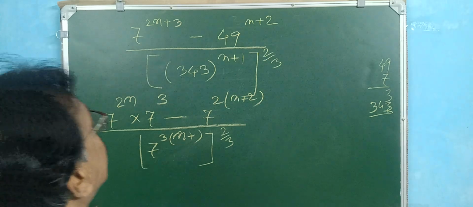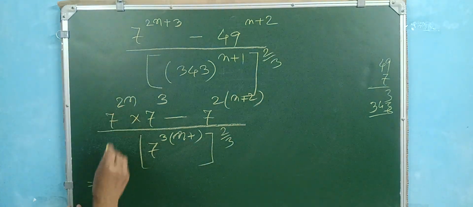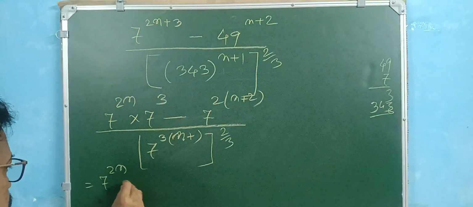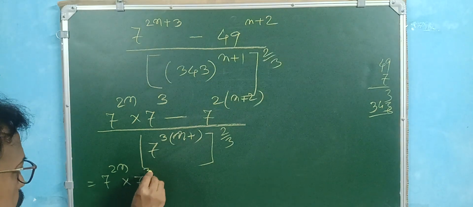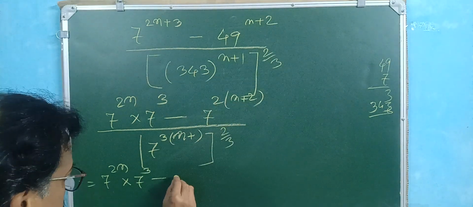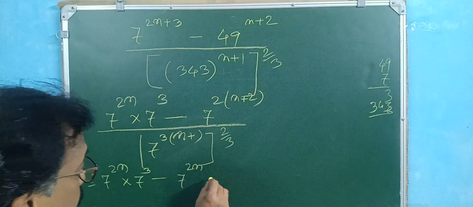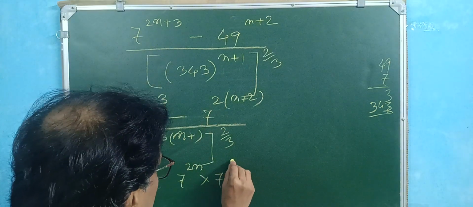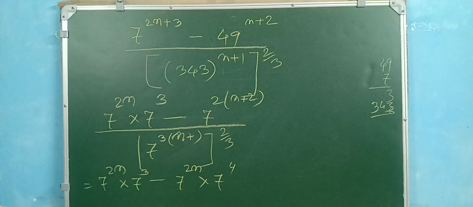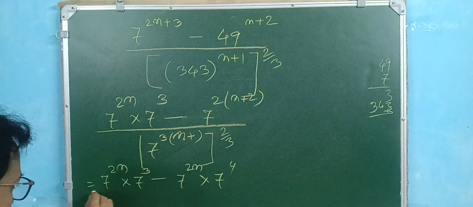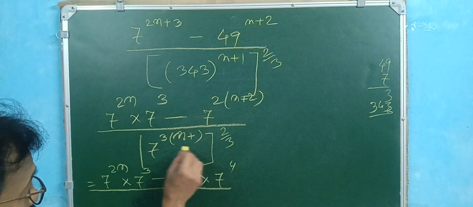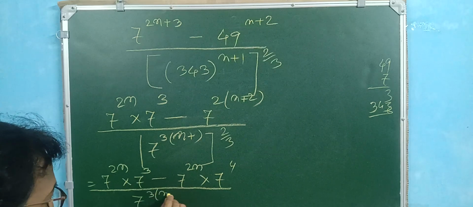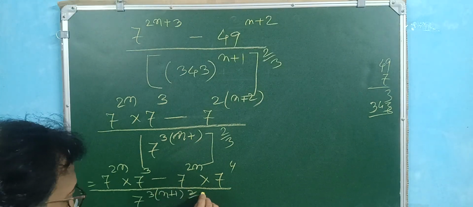Okay. Now here you write 7 to the power 2n, and your target is the n part is out. 7 to the power 2n, 7 to the power 3 minus 7 to the power 2n into 7 to the power 4, divided by, these are all multiplied, 7 to the power 3 n plus 1, and this is 2 by 3.